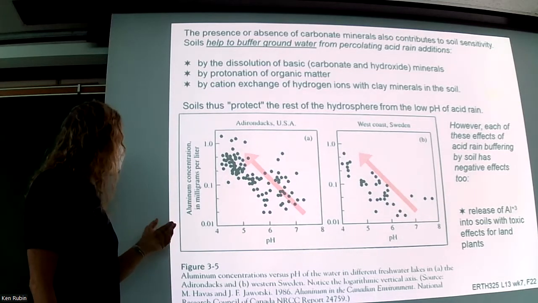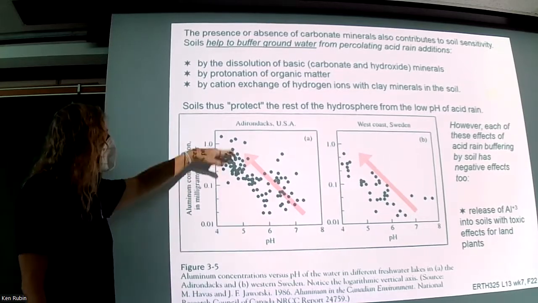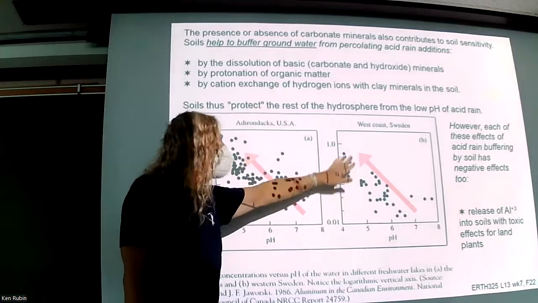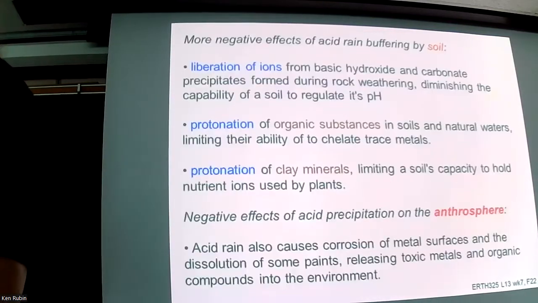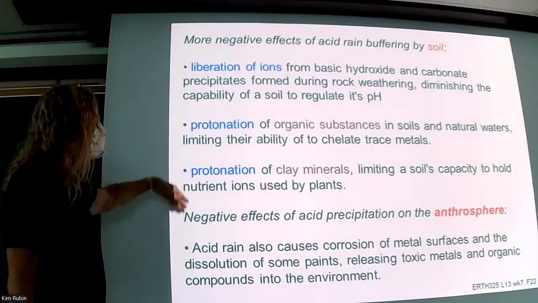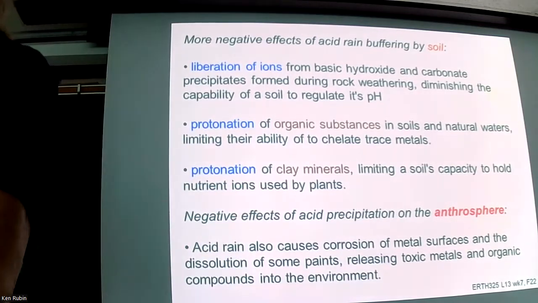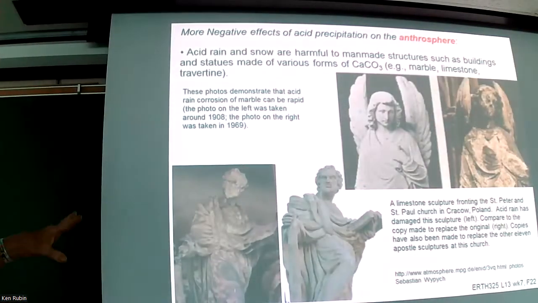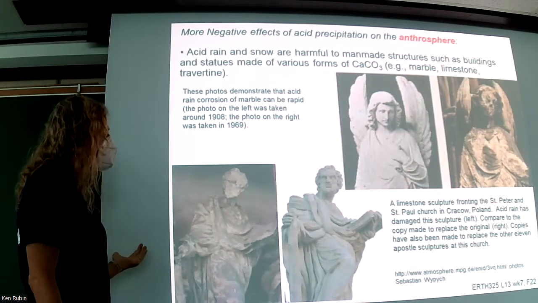These are just some examples of increasing aluminum concentration on a log scale versus pH in upstate New York and off the coast of Sweden, again due to acid emissions. You can read through this on your own, but these are some of the things that happen in soil when you add acid to it. The final thing I wanted to mention is that there are obviously effects on human structures.